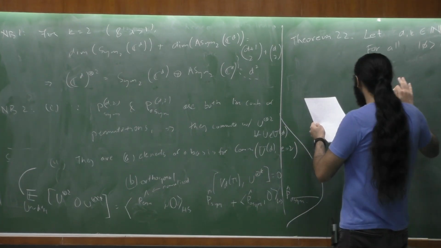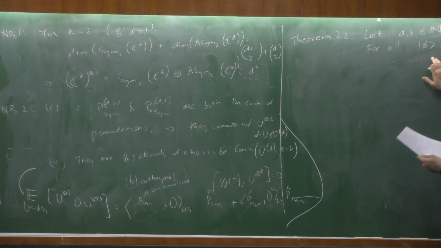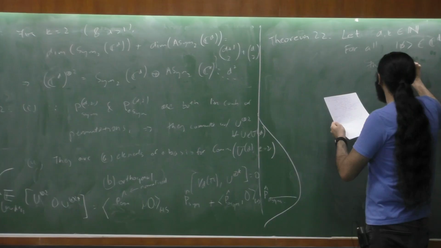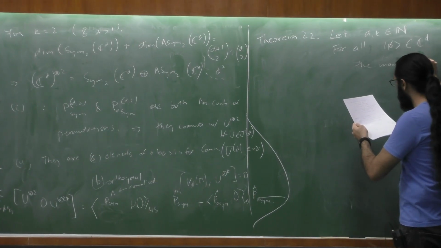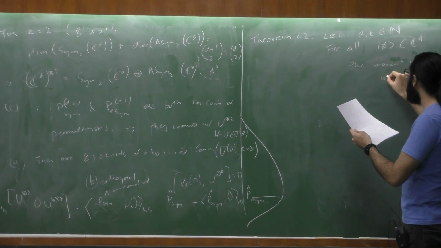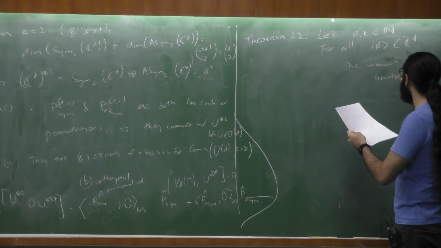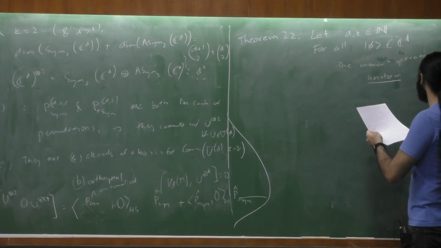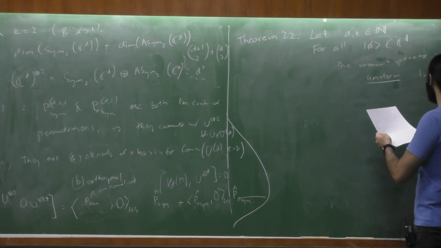So let's get back to the theorem. D and K are natural numbers, phi is some CD, and the moment operator is a uniform linear combination of permutations. That's the new thing that we're able to show here.